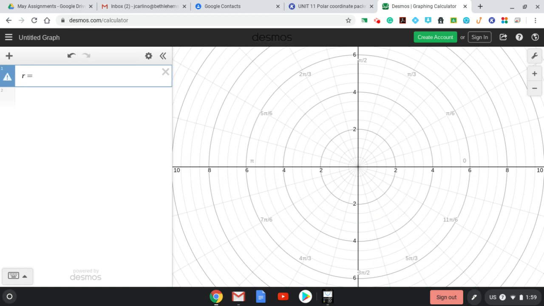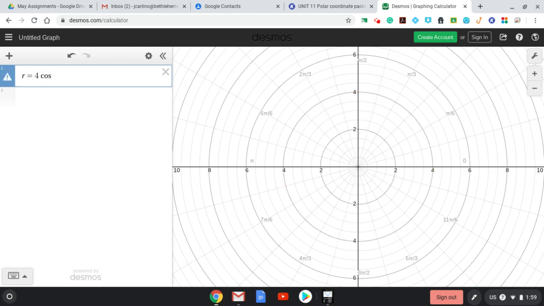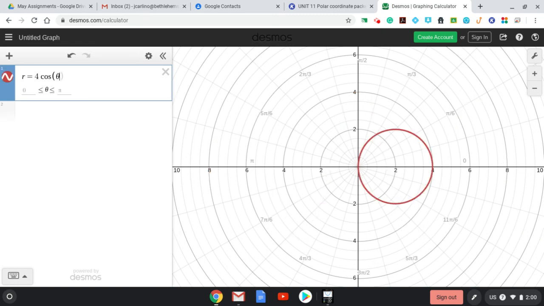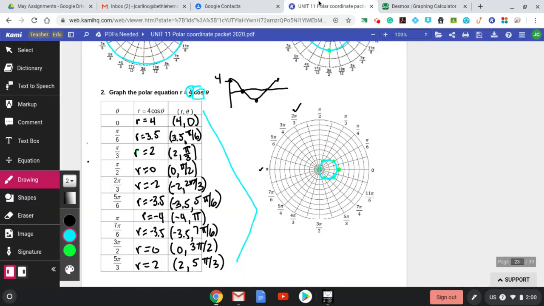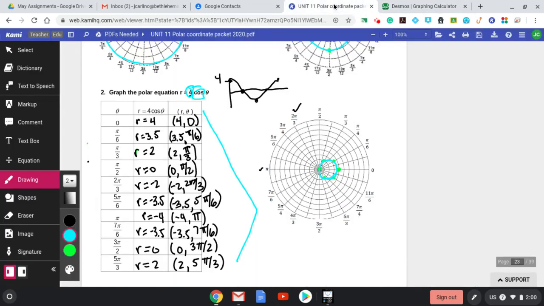Ready? 4 cosine, COS. Now I have to do a parenthesis for the theta. Anytime I do theta, I have to put it in parentheses. How do I put the theta in there? You literally type in the word theta, and it'll pop in there for you. And look what it is. Looks pretty familiar, doesn't it, from what we just graphed? A little bit smaller on ours because this is blown up, but yeah.